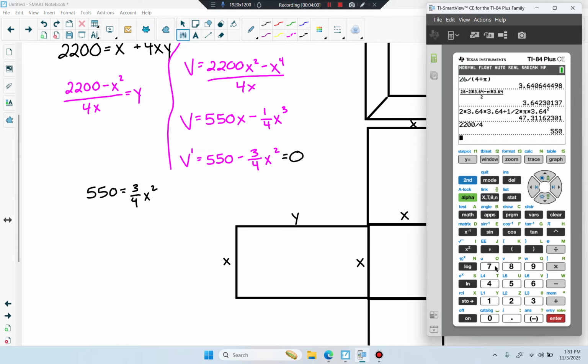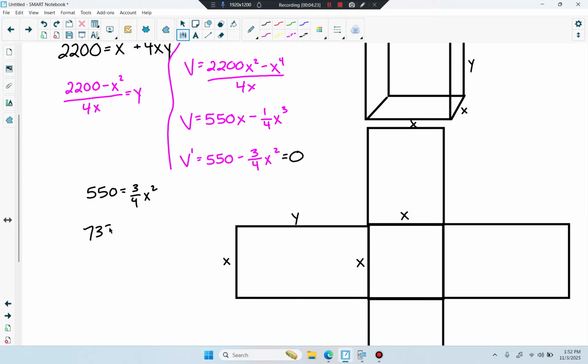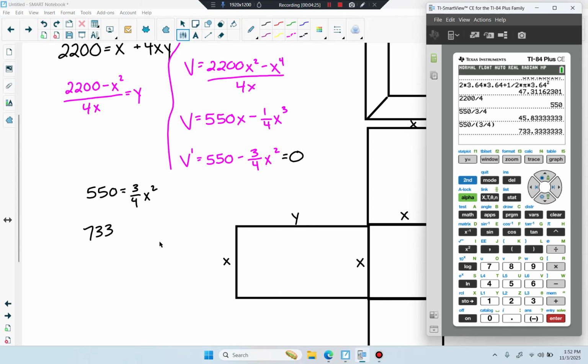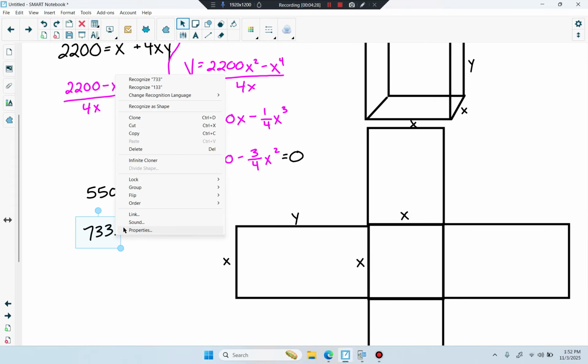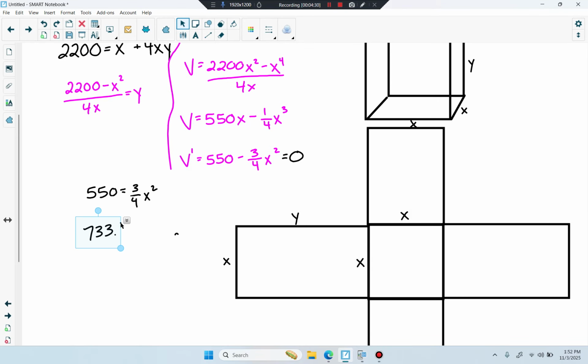To get rid of the 3/4, I'm going to do 550 divided by 3/4. That's not right. You've got to do 550 divided by 3/4, like that. Yeah, 733.3 repeating equals x squared. Take the square root of that.